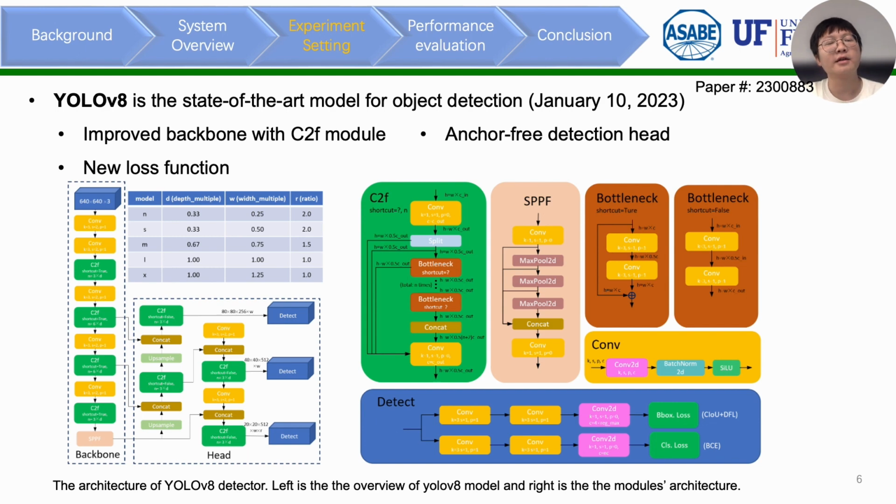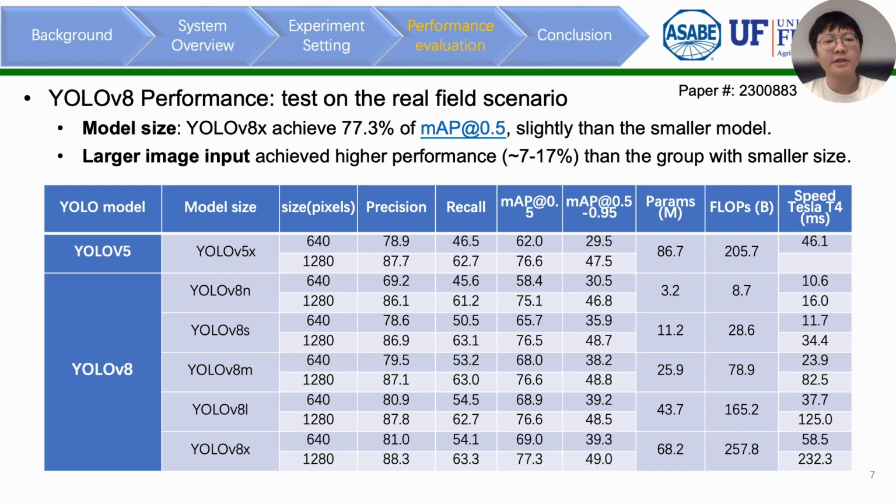After we get the annotated dataset, we trained YOLOv8, the state-of-the-art model for object detection, on our customized dataset. This figure shows the architecture of YOLOv8. We compared different versions of YOLO, including YOLOv8 and YOLOv5, as well as different configurations of the model, including the model size and the model image input. Overall, YOLOv8 performs better than YOLOv5.